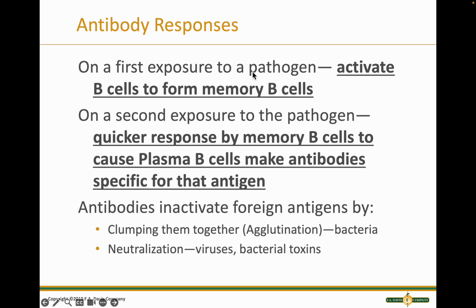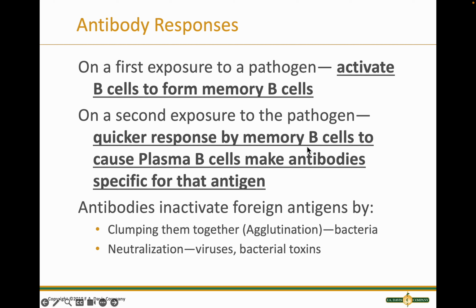So again, on first exposure to a pathogen, it activates B cells to form memory B cells. You can think of this as either you got an infection the first time, or as a vaccine that you're given. And again, these memory B cells are formed. Then on second exposure, the memory B cells act more quickly than your typical immune response the first time.